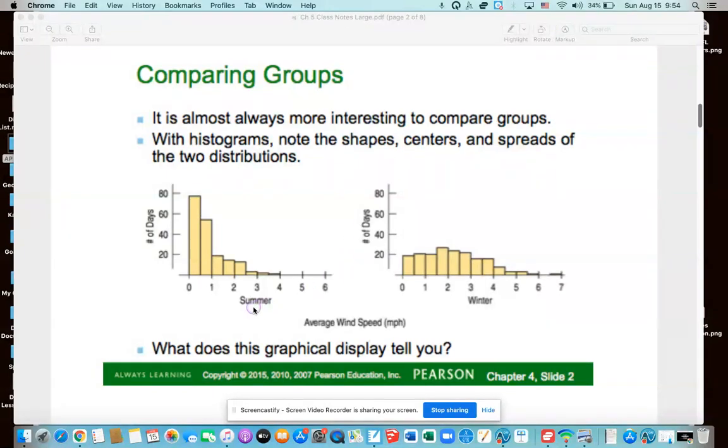In this case, we have the wind speed over the summer and over the winter, and the number of days for each particular wind speed. So it's just the summertime or winter wind speeds. Okay, so when you look at this data on the left, you'll see that it's skewed to the higher numbers.